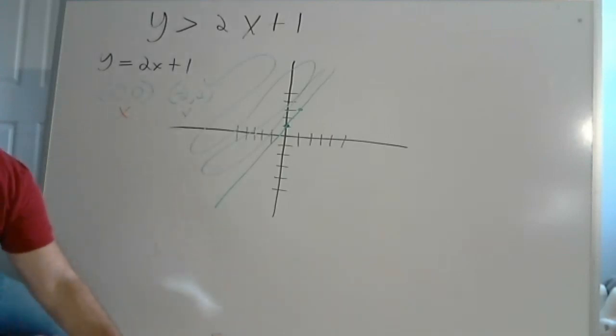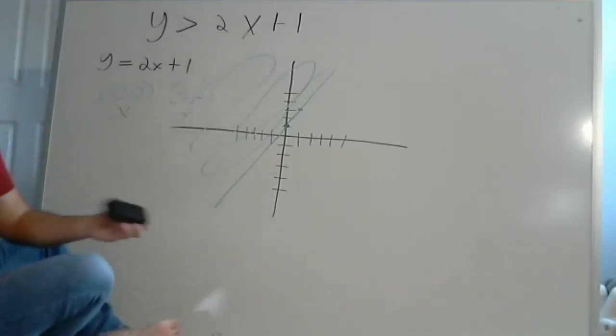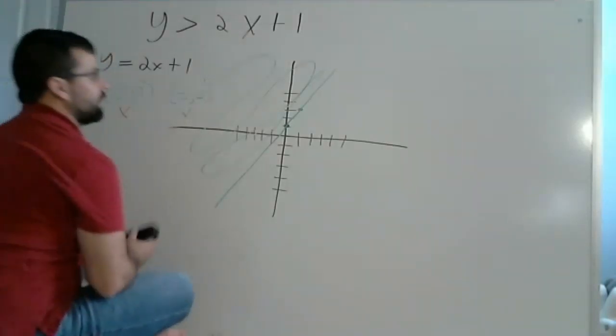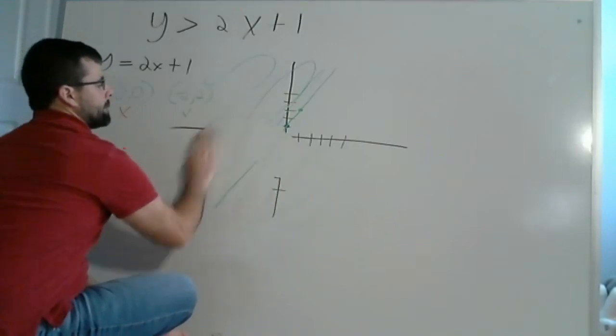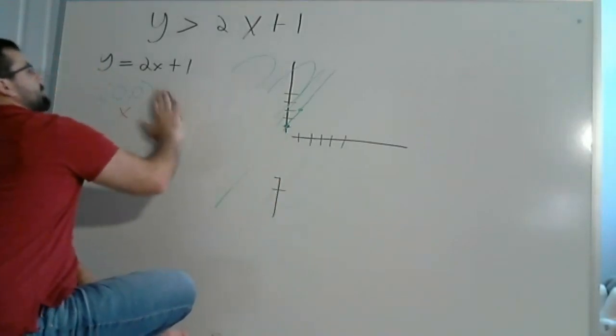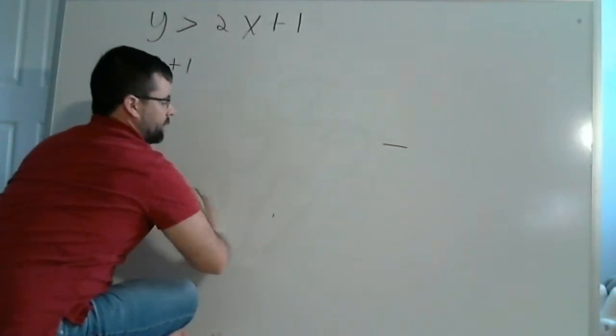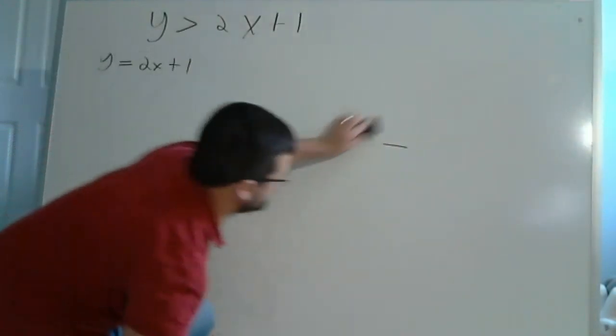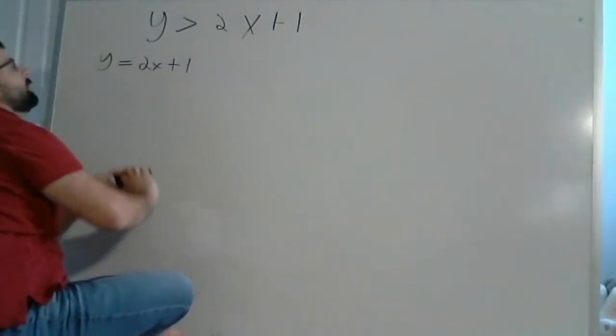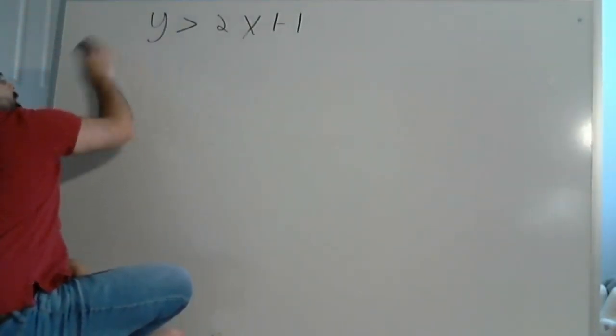So the one extra kind of step up from this is systems of inequalities. So what if we don't have y greater than 2x plus 1?